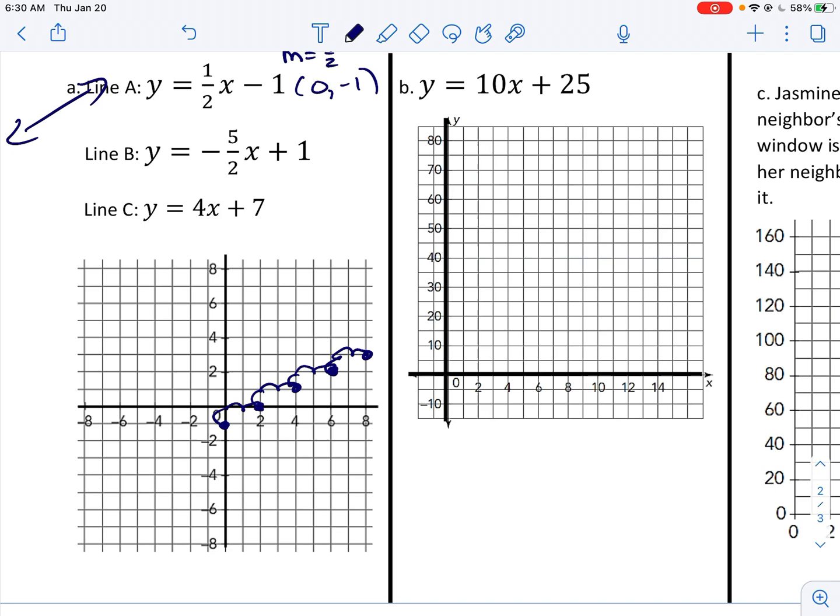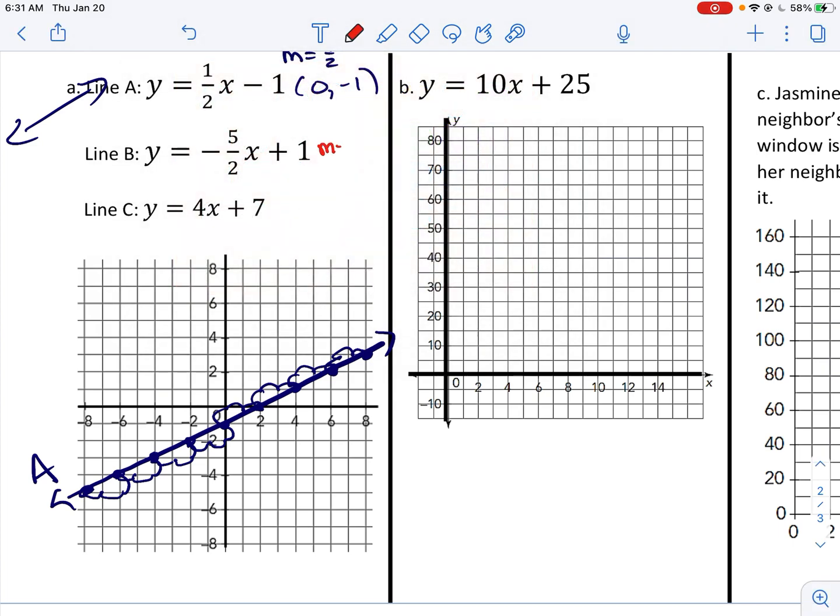Down 1 over 2, down 1 over 2, down 1 over 2. And that is line A.